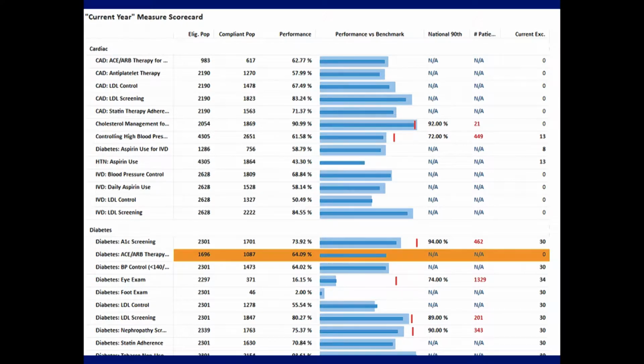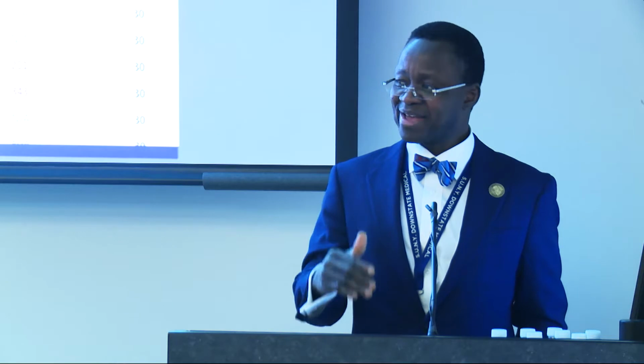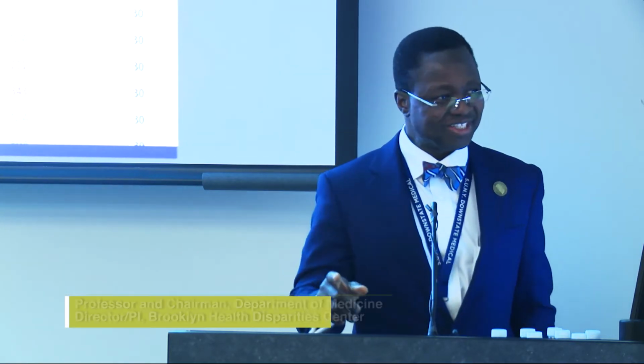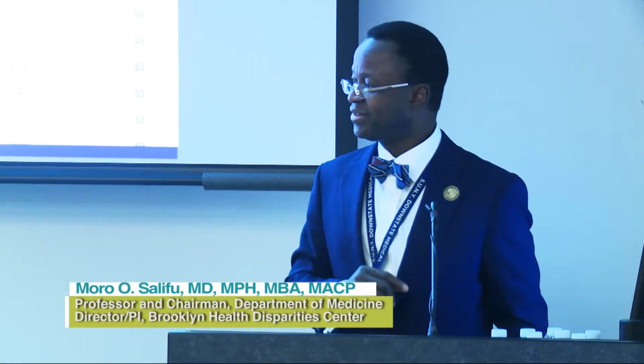So as an example, this is your scorecard. In this practice, the patients with diabetes who got an ACE inhibitor was 64%, which means that they're not doing good. They had diabetics, but only 64% of the diabetics were receiving ACE inhibitors.